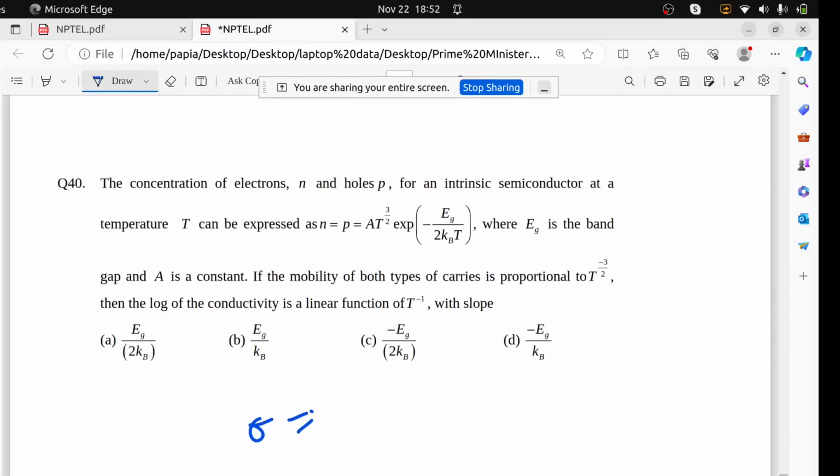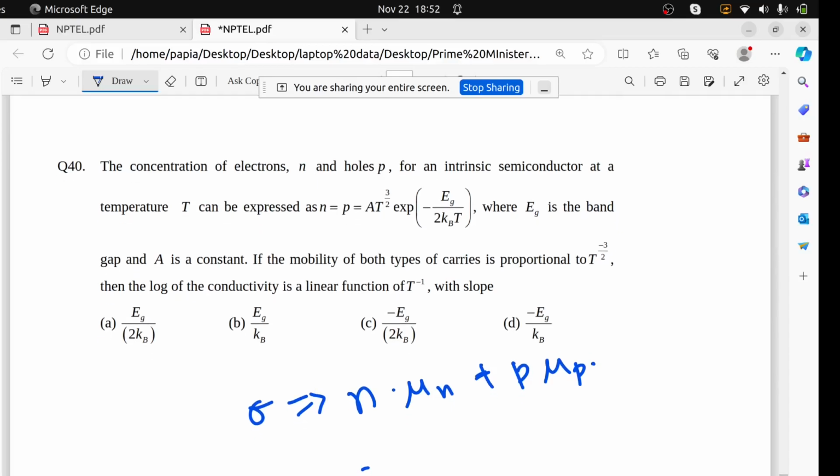So like here, the sigma can be written as N mu N plus P mu P. I am just going to write the expression only, not the 2, 3, 4. Here you can see N, P, these are same actually, right?